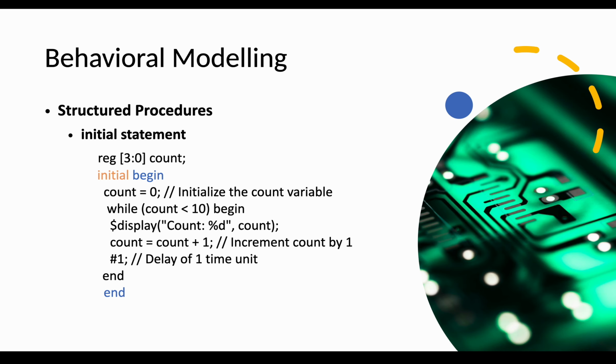Then I am using a while loop: while count less than 10 begin, display count value, count is equal to count plus 1. I am incrementing that count value by 1, and #1 is a delay of 1 time unit. This looping of the while loop we will discuss later, and also this display function we will discuss later.